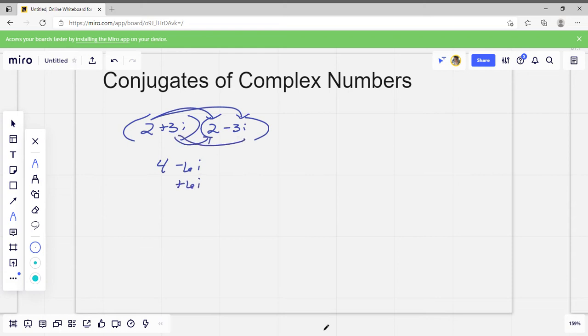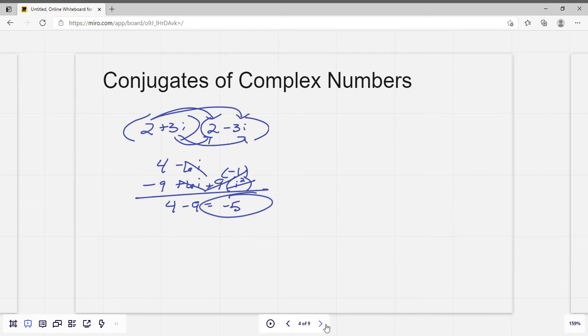And then 3 times 3 is 9, and i times i would be i squared, which is negative 1. So negative 1 times 9, we would have negative 9. Those middle terms cancel, so we would have 4 minus 9, which equals negative 5. Alright, and we've done that already as well.